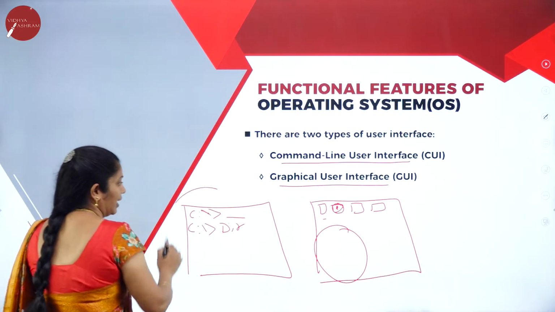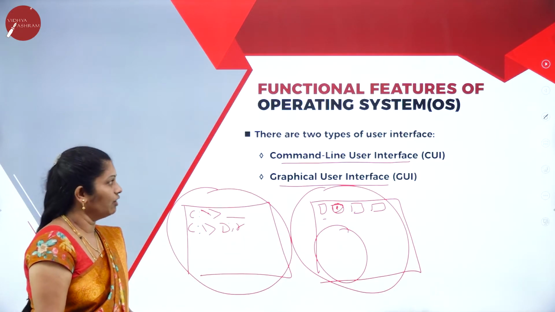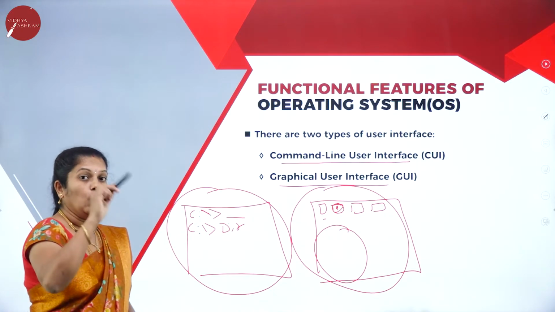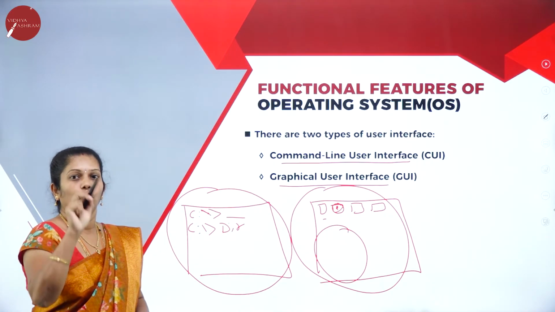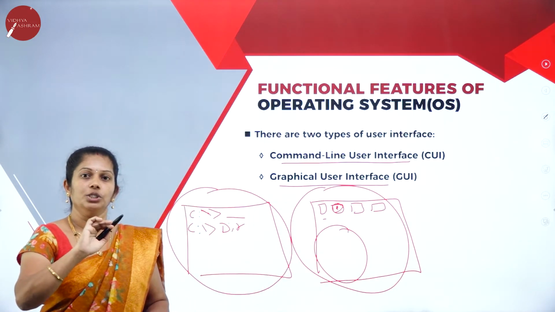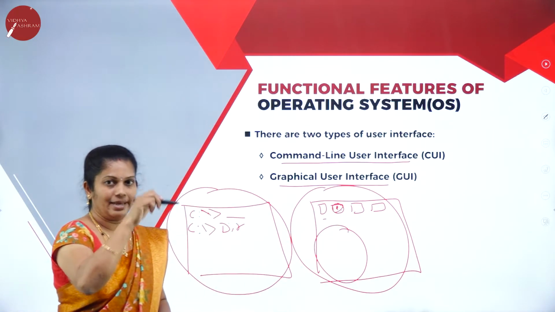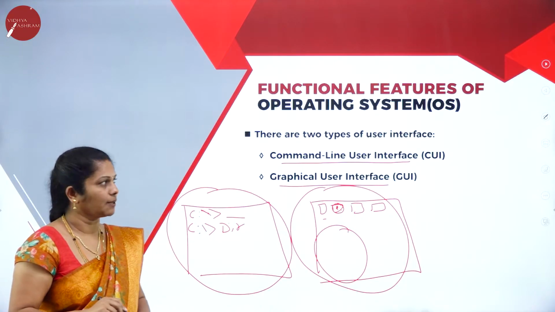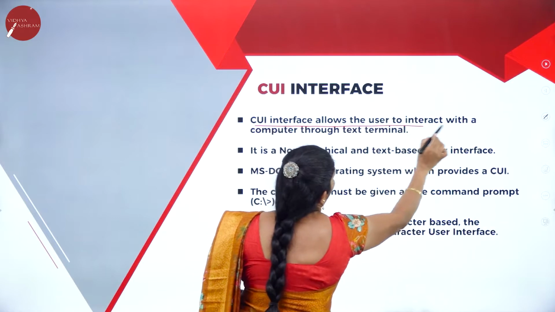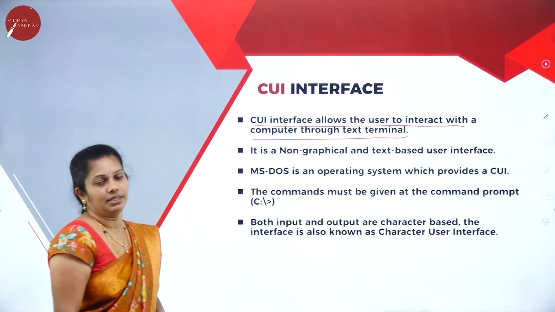It means that the transaction can be performed in two methods, one using the graphical interface and one using the command user interface. In the command user interface, we have to remember the code and type the code. Whereas in the graphical user interface, there is no need to remember the code. Directly we can click on those graphic symbols and perform our operations. The command user interface allows the user to interact with the computer through text terminals.